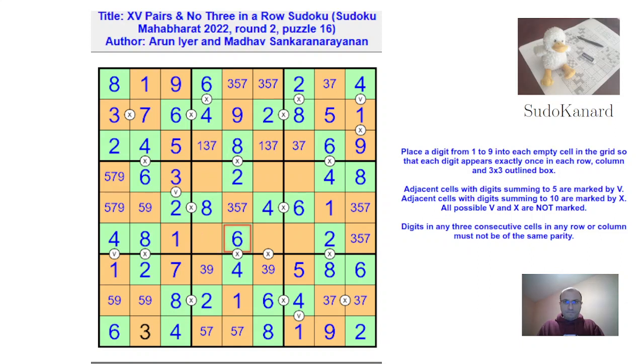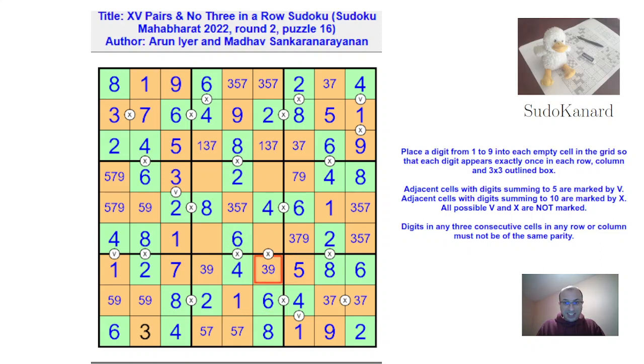Now, this can only be 7 or 9. And did I overlook anything? I'm looking for X or V symbols.